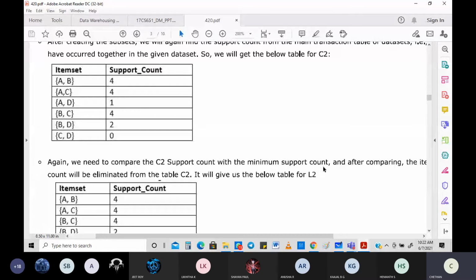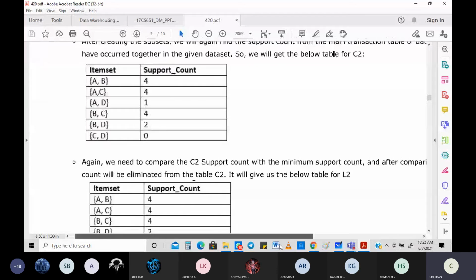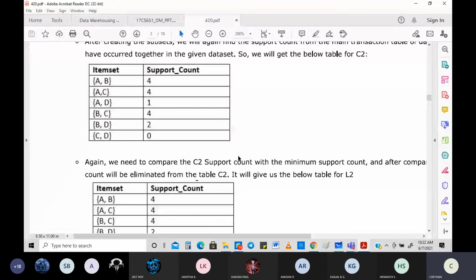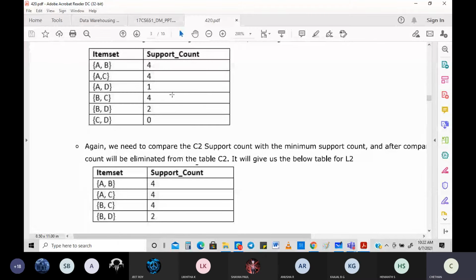After comparing, the item sets with less than the count will be eliminated. So if you do that, with 4, 4, 4, 2, only those will remain. What are those? You got this one and this one, and of course these two: AB, AC, BC, BD.